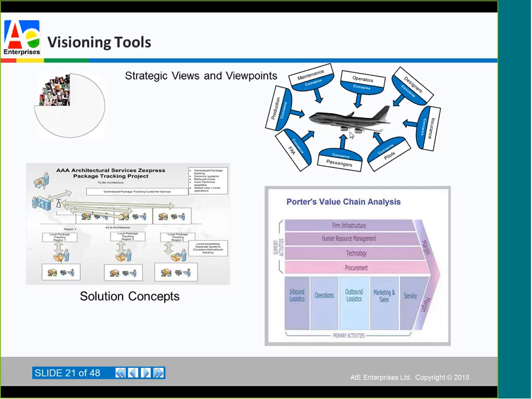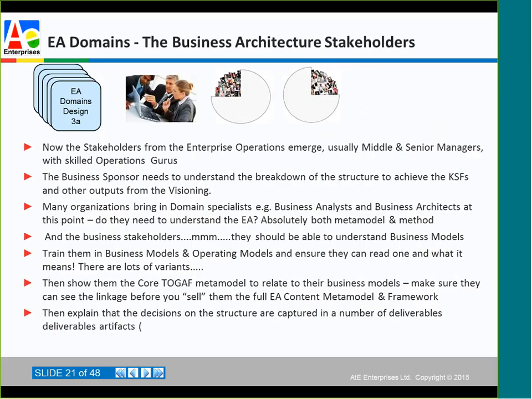So let me show you by looking at some of the domains first. Firstly, the business domain. We're going to look at the business architecture stakeholders. These are where you start to get those middle management people, the staff members or the senior managers who provide that background work for the organisation. And you're also going to potentially have some very skilled operations gurus start to enter this space.